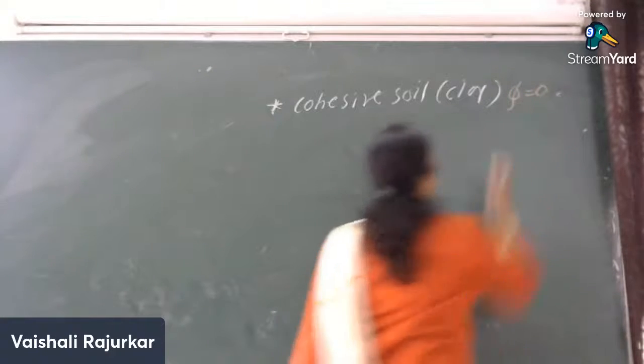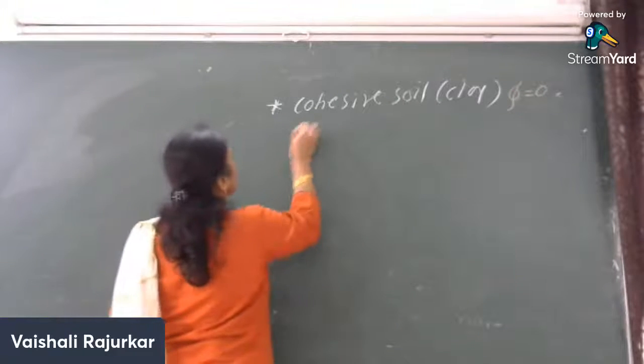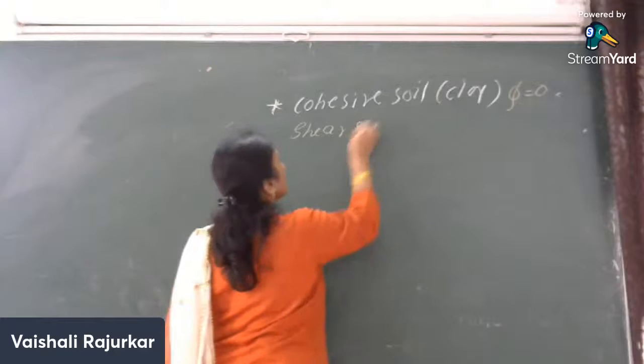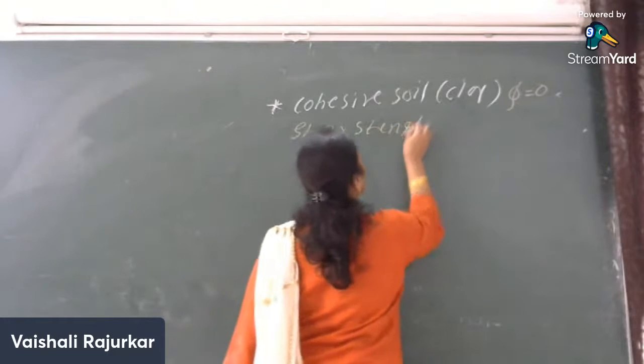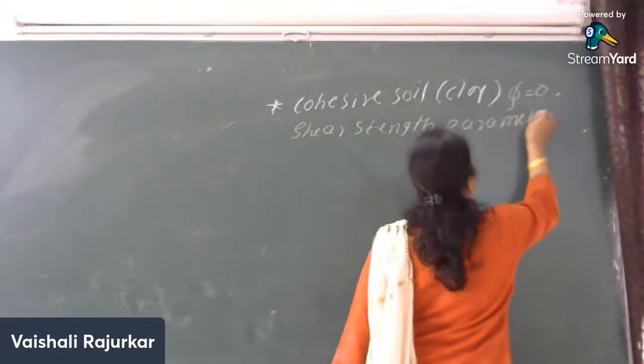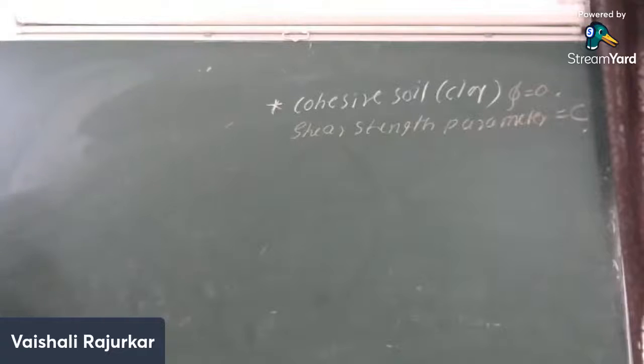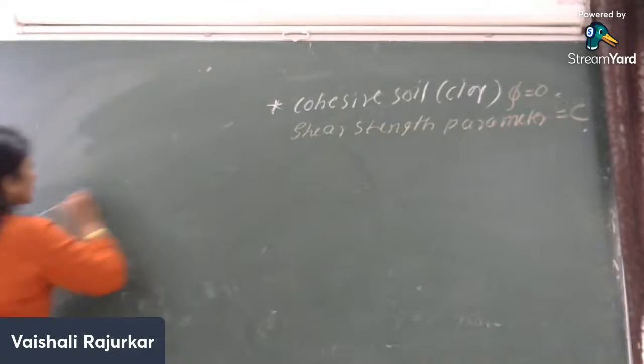Phi is 0. Then what is the shear strength parameter? Shear strength parameter is C only. The strength is due to cohesion only. Now again we will consider the same case of the slope.